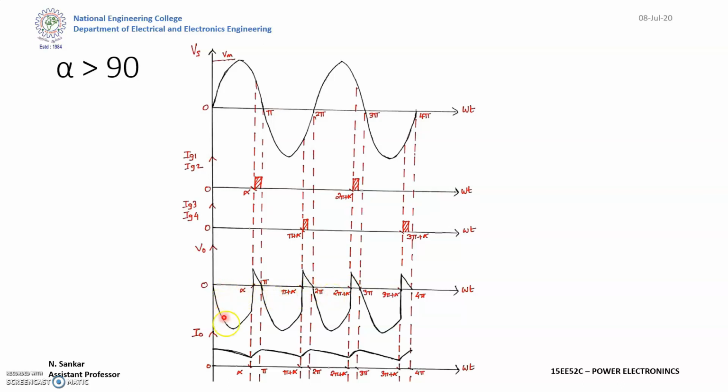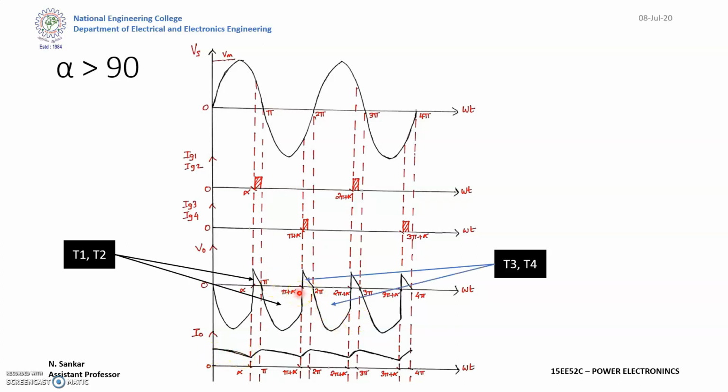If you look at this area, this is when T3 and T4 are conducting. You can see the output current is getting decreased. Decreasing means T3 and T4 would have to be turned off, but due to the presence of the inductor, it is just conducting the negative voltage. This is the area where T1 and T2 are conducting, and this is the area where T3 and T4 are conducting.